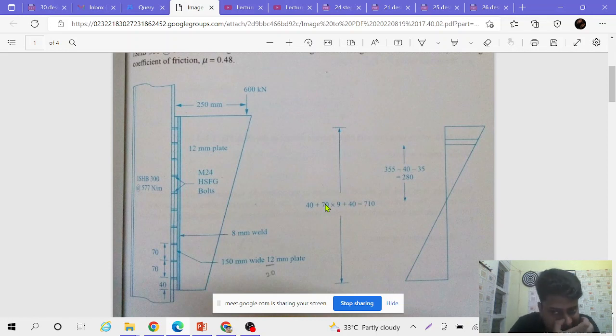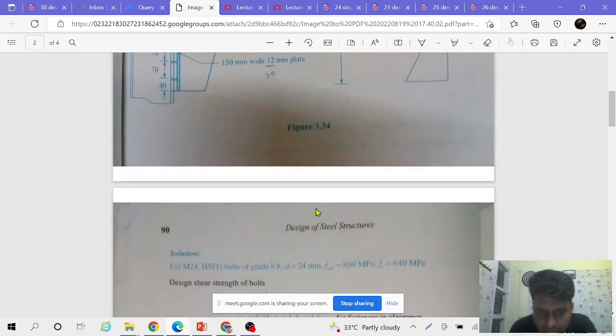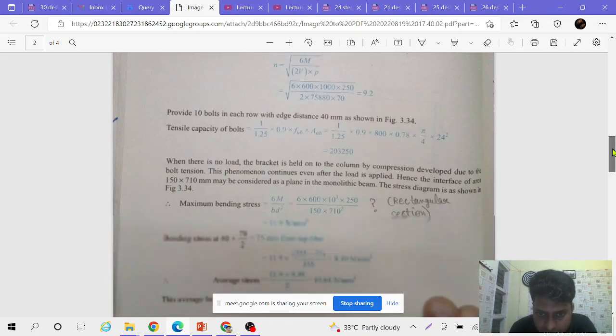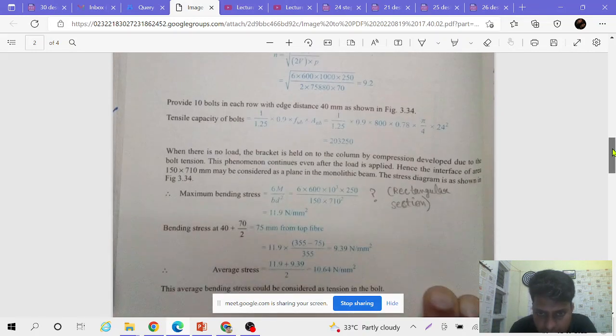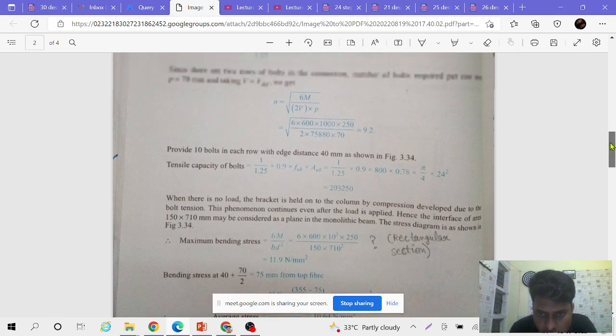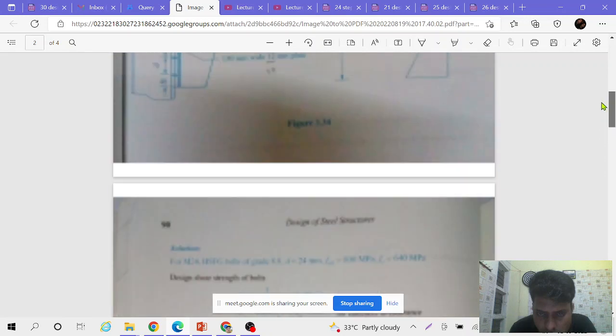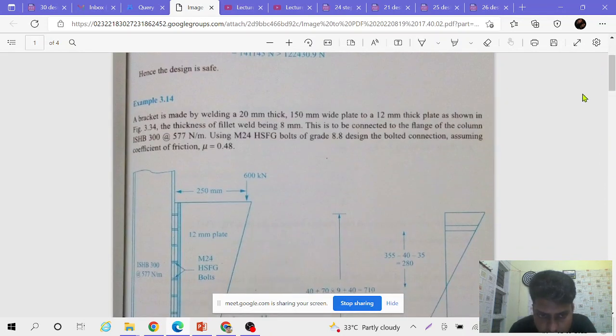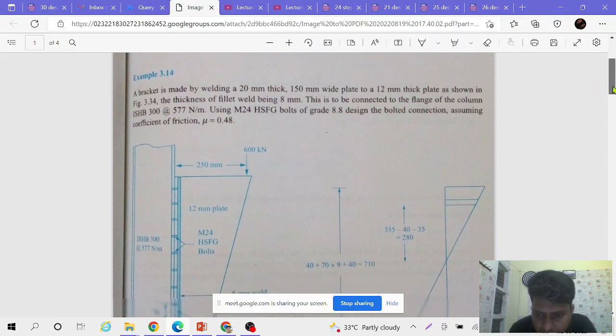So here you are saying that they are taking it at this location. Yes, sir, at the center. At the center they are taking. I have got everything else, but that diagram, the center they are taking.